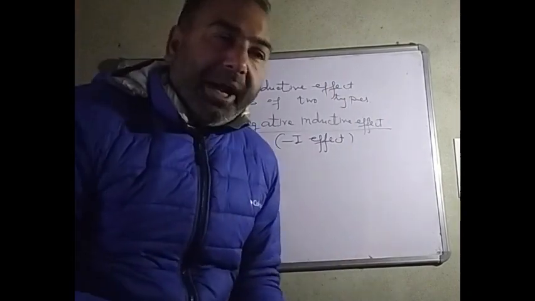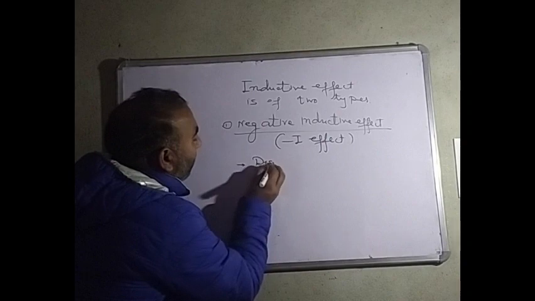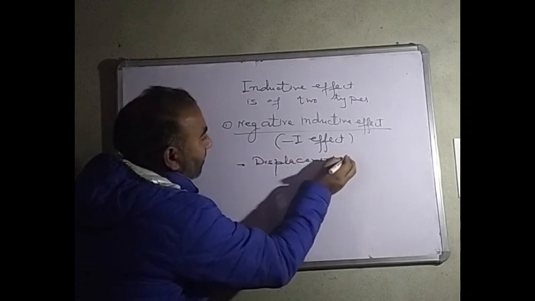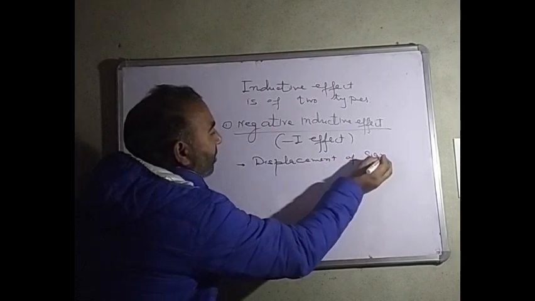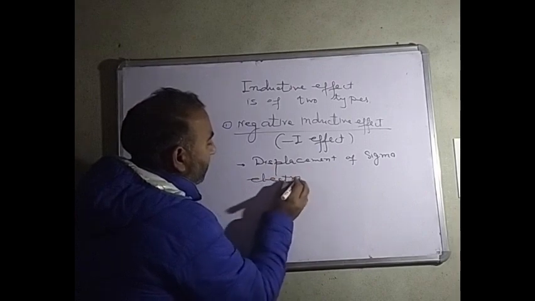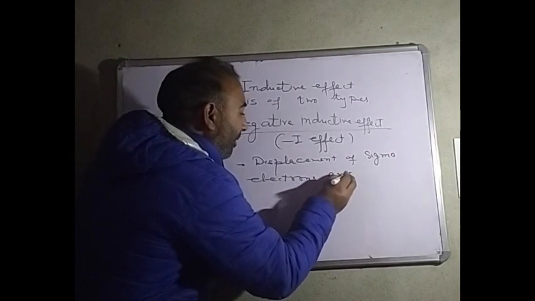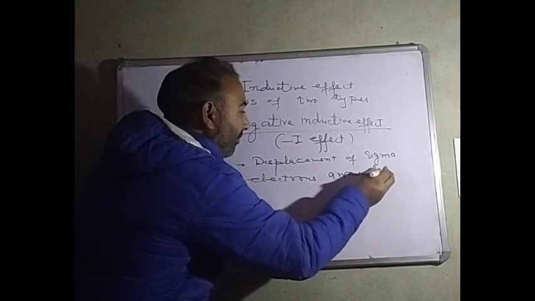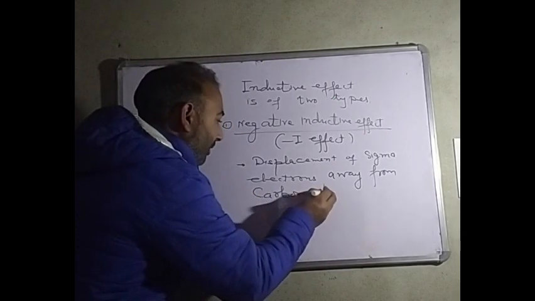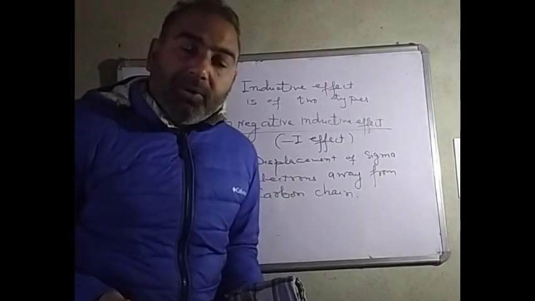What is negative inductive effect? It is displacement of sigma electrons, the sigma bonds, away from carbon chain. When will it be observed?